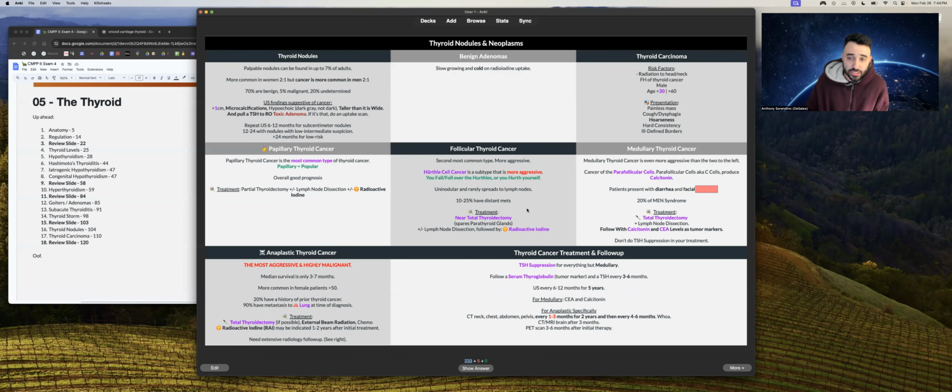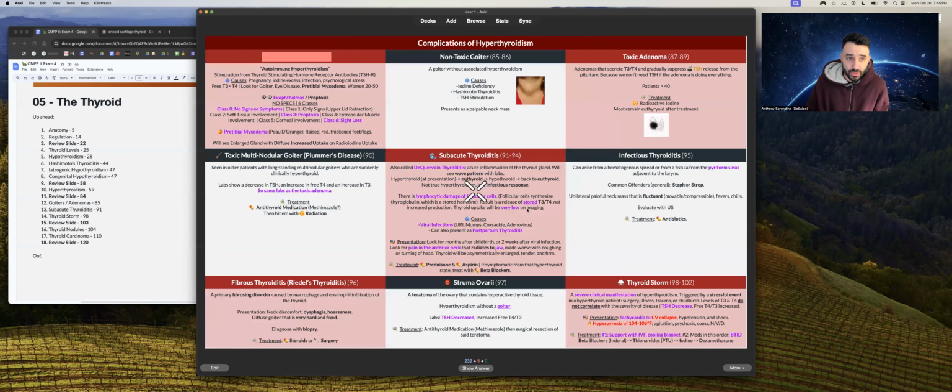Patients present with diarrhea and facial flushing. So pretty non-specific, but if you have that, yeah, you might have medullary thyroid cancer. Don't take a GLP-1, right? Contraindicated. Autoimmune hyperthyroidism. Yeah, this is the classic autoimmune cause of hyperthyroidism.